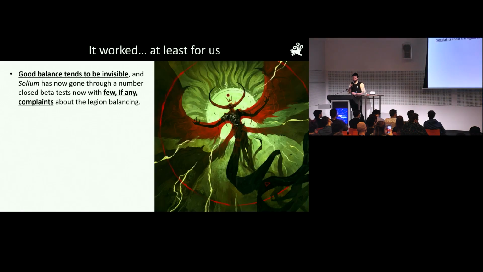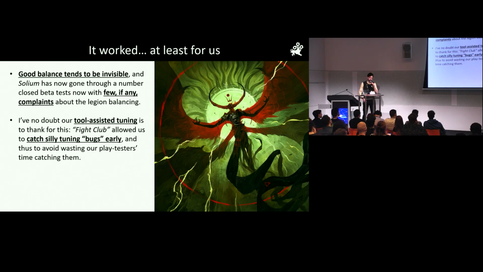Epilogue. This worked pretty well for us. The game has gone through a few tests at this point, and essentially the response to the legion balancing has been very positive. We've not had people pulling us up and saying, your game is completely broken, which they love to do for places where it is. So I feel like this area has gone relatively well.